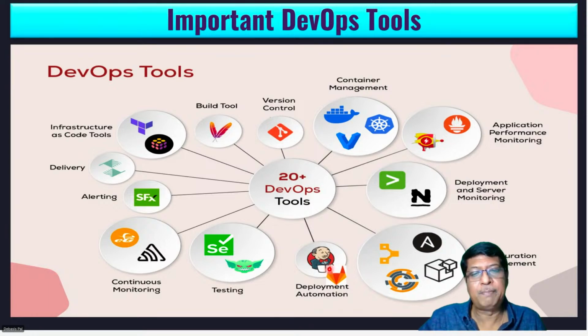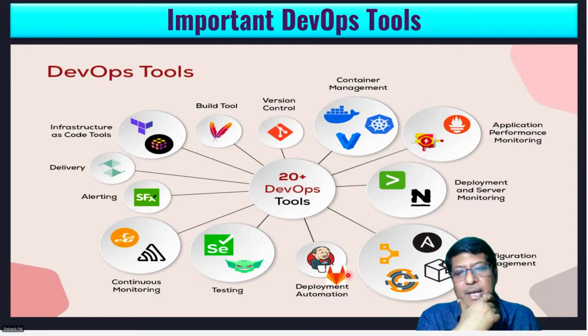And then we have deployment automation. We used to teach Jenkins, but Jenkins nowadays is taking a back step in competition with GitLab. We are teaching the CI/CD pipeline, the automation pipeline, with GitLab. The testing tool, Selenium, is very much for the testing team.